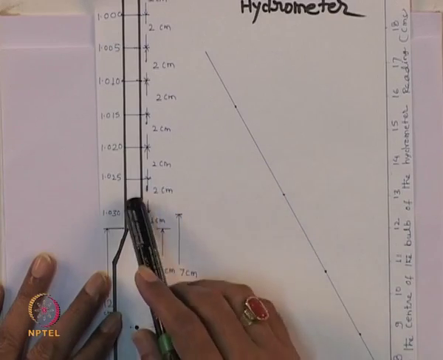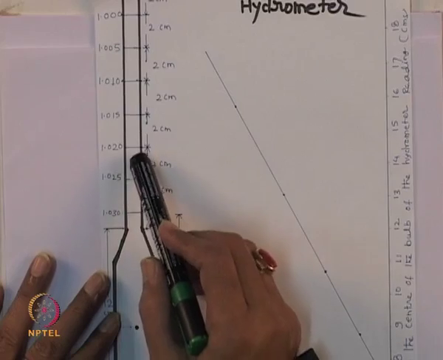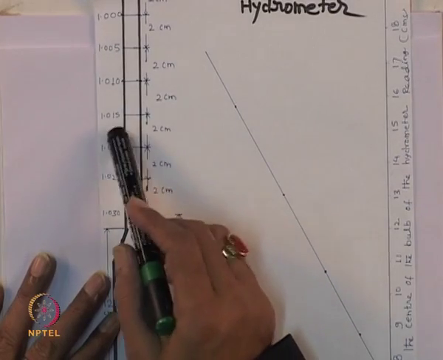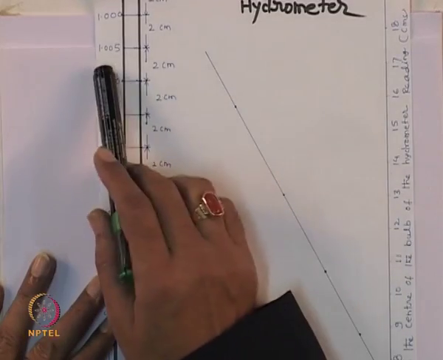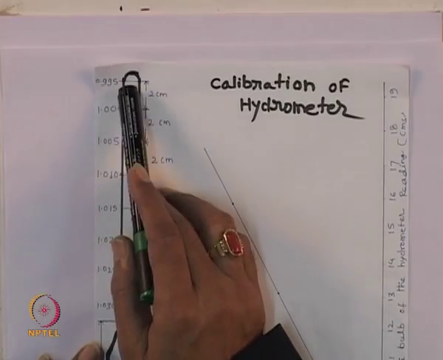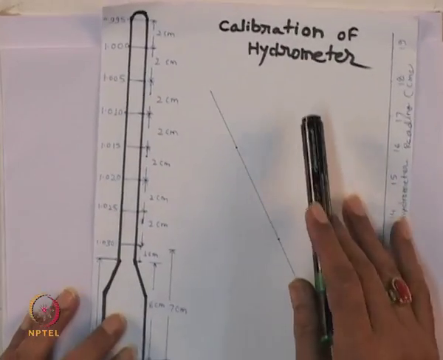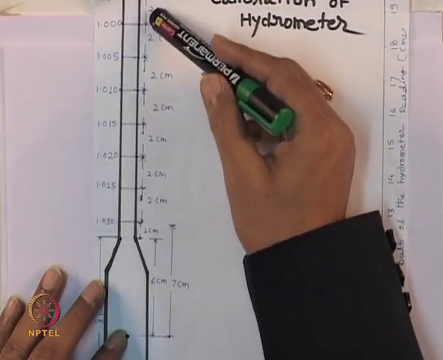The hydrometer readings are 1.030, 1.025, 1.020, 1.015, 1.010, 1.005, 1.00 and 0.995, and the interval is 2 centimeter.